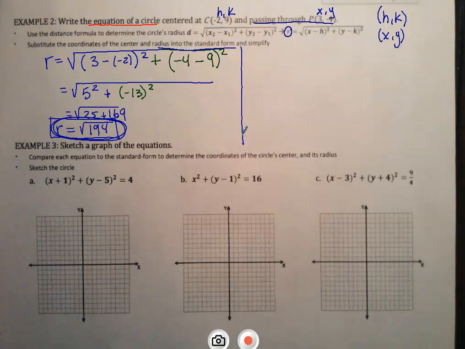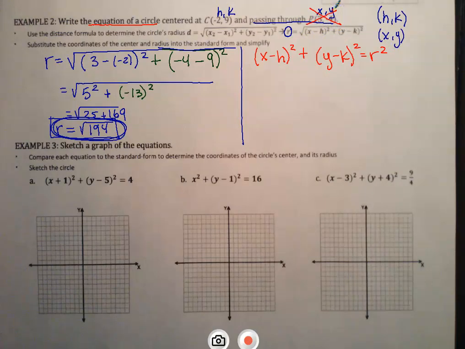All right, so we're going to go back to that equation. If you remember, it's the quantity x minus h squared plus the quantity y minus k squared equals our radius squared. So we don't have to put in our x values, because we're getting our equation in standard form.